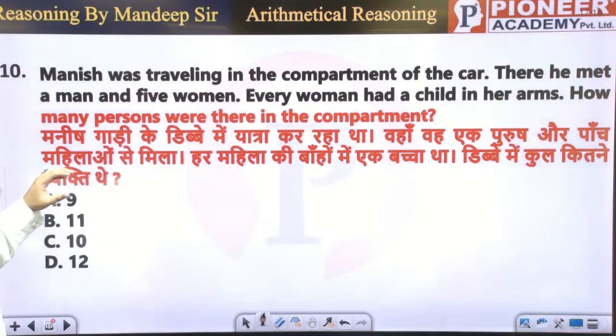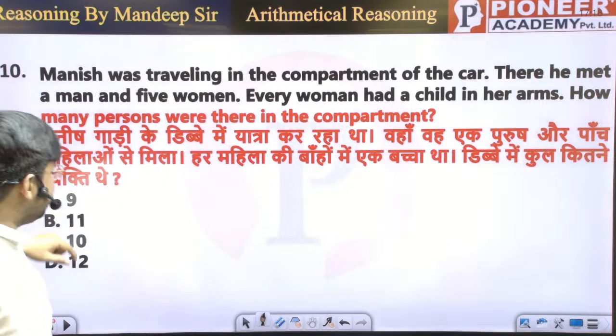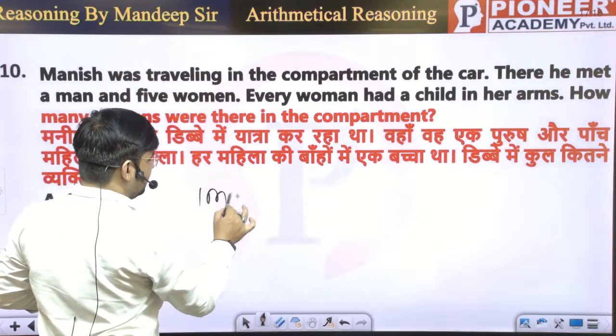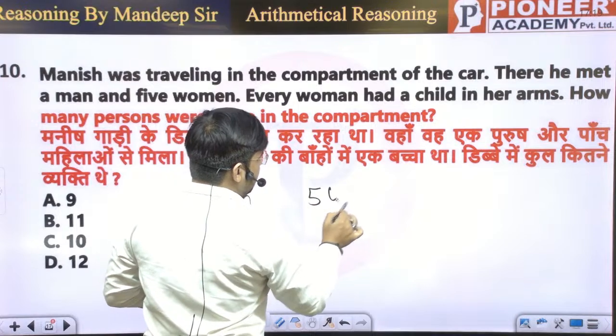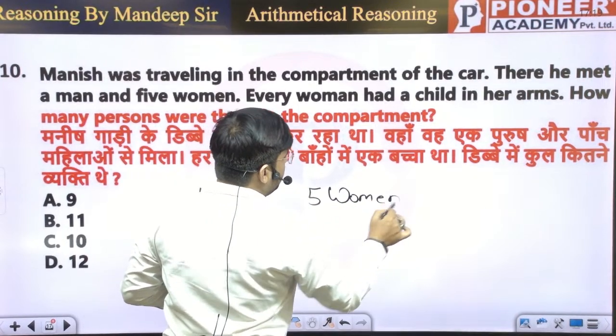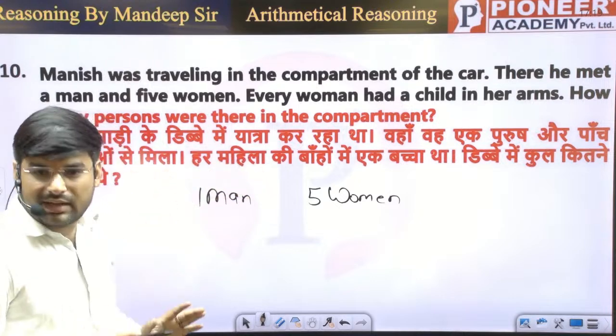Manish was traveling in the compartment of the car. There he met a man and 5 women. Every woman had a child in her arms.